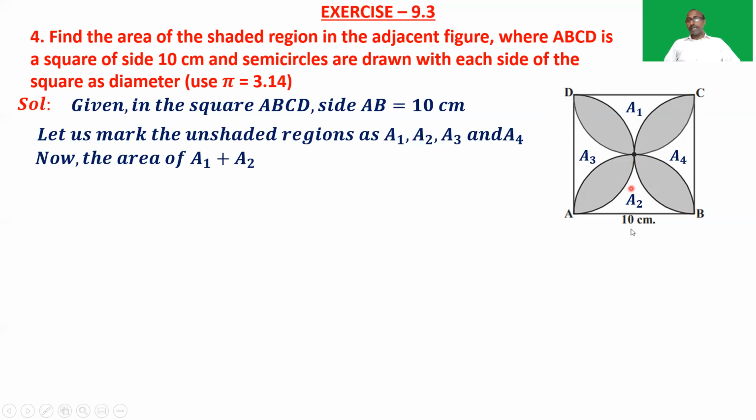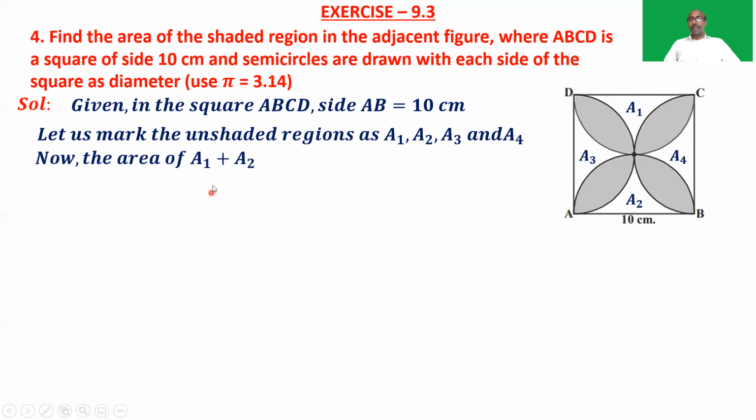So observe this area A1 and A2. This area is equal to the area of the square minus the area of these two semicircles. That is, the semicircles on AD and BC. So by subtracting the area of these semicircles from the area of the square, we remain with the sum of the areas A1 and A2, isn't it?